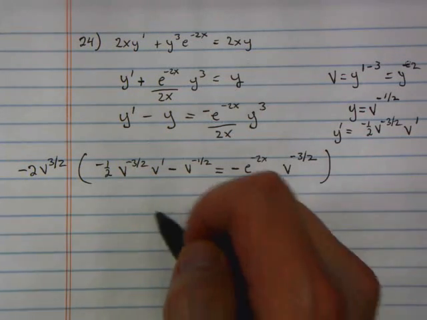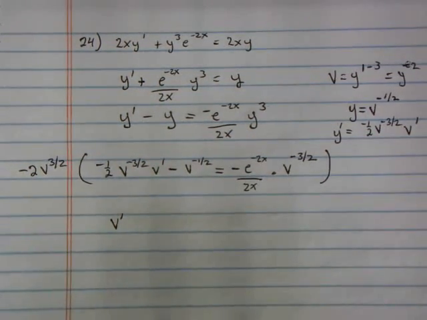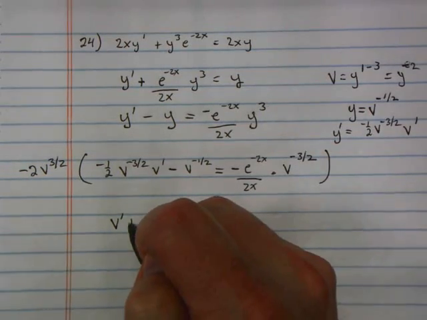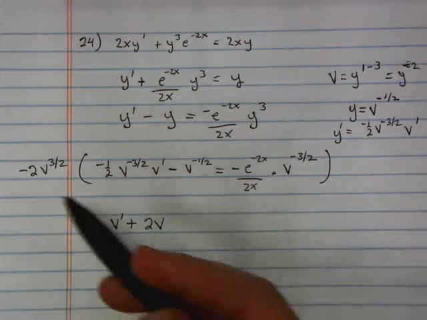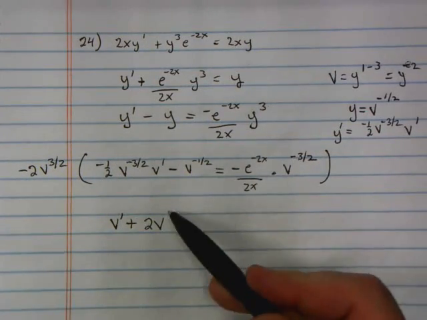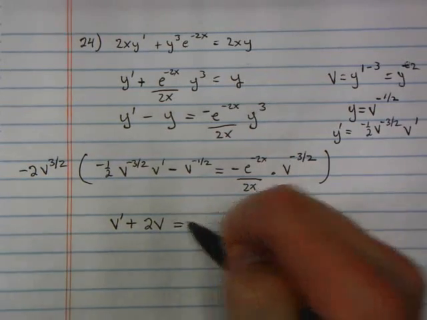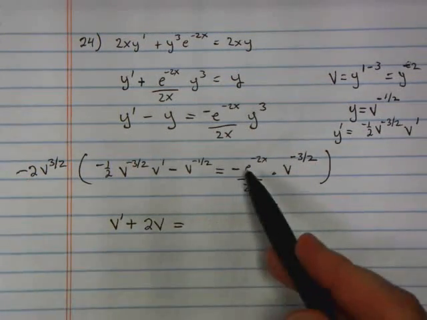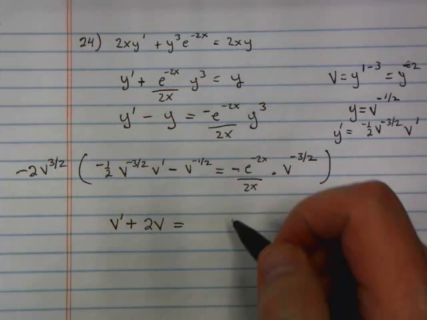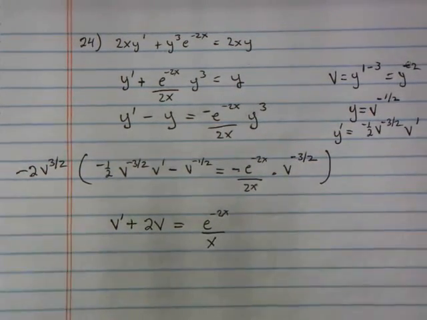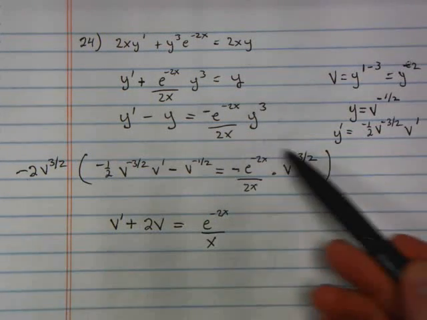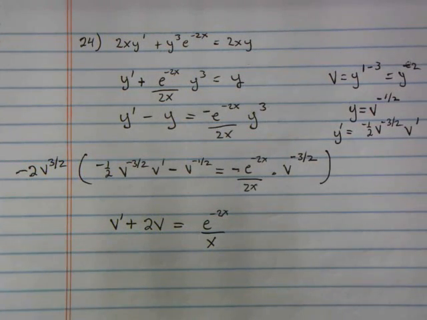That leaves me with v prime plus 2v, add your exponents, 3/2 and negative 1/2 is the power 1, equals the minus and the minus, the 2 with the 2, e to the negative 2x over x, and then the v's, the powers add up to 0. So it cleans up nicely.